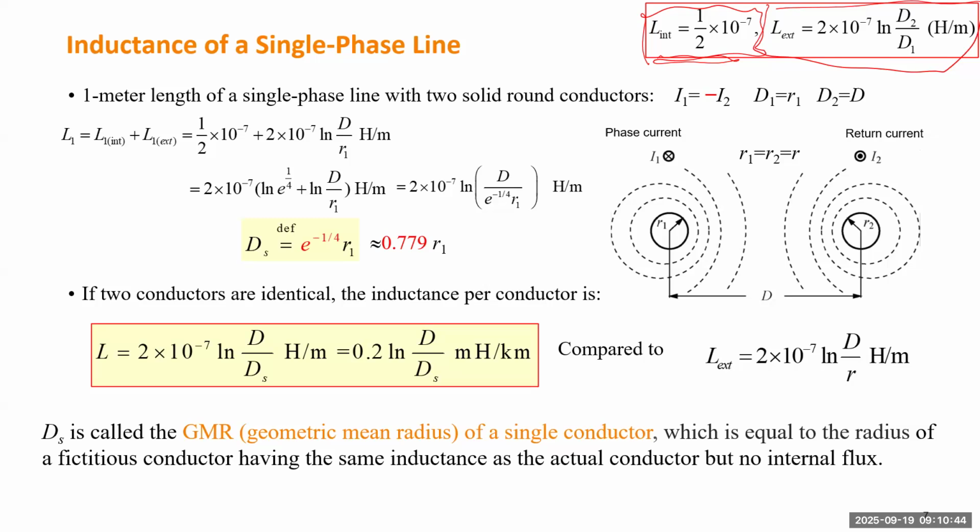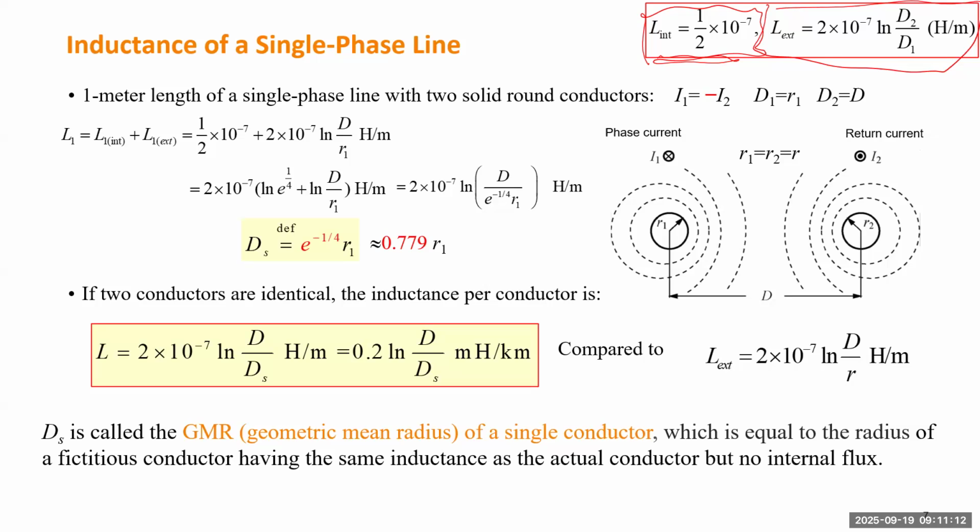The first one, the inductance due to the flux linkage inside the conductor, doesn't depend on the dimension of the conductor, so it is a constant value. But the inductance that depends on the flux linkage outside the conductor does depend on the distance to the conductor.